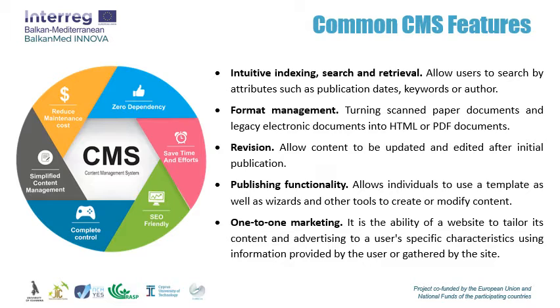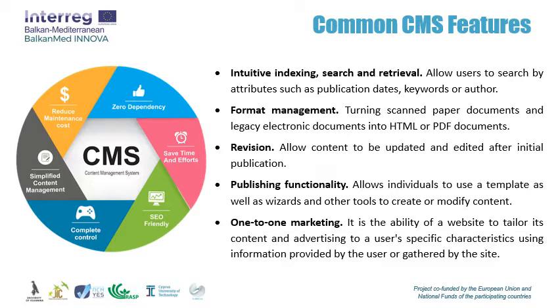Format management facilitates turning scanned paper documents and legacy electronic documents into HTML or PDF documents. Revision features allow content to be updated and edited after initial publication. Revision control also tracks any changes made to files by individuals.